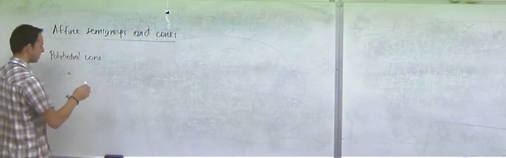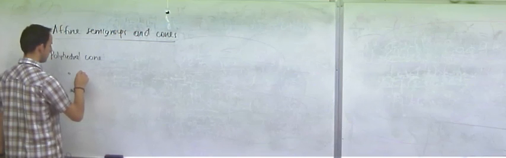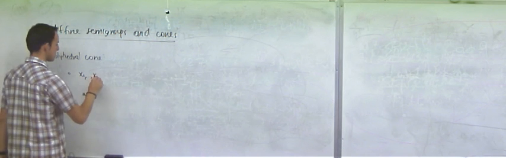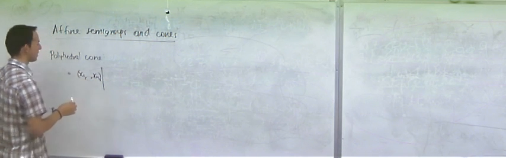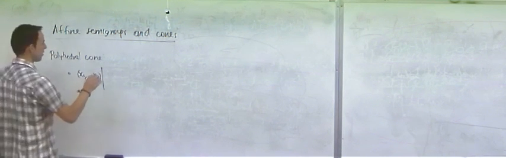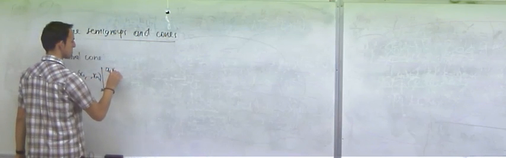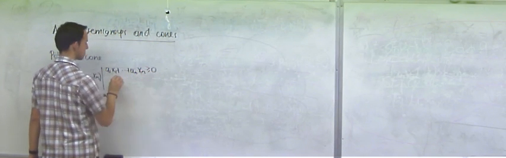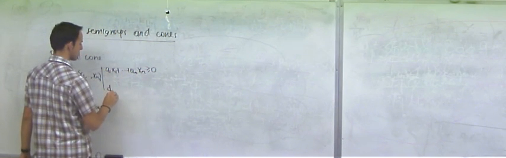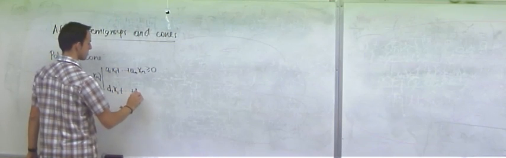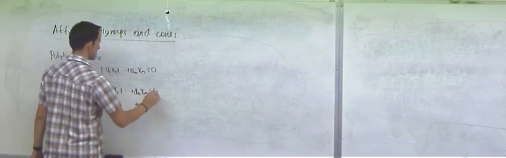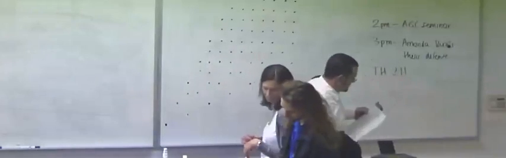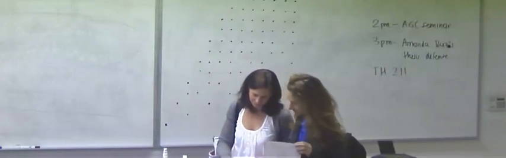You can define it as the set of x's like this, satisfying a bunch of linear inequalities. So that's one definition of a cone.